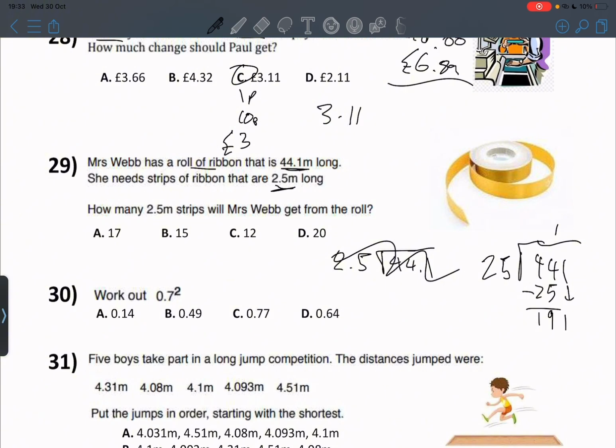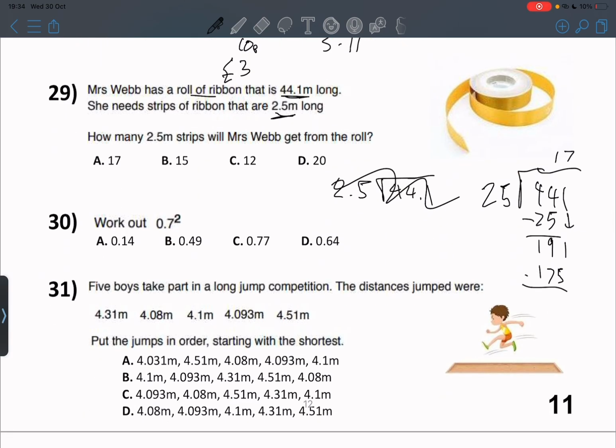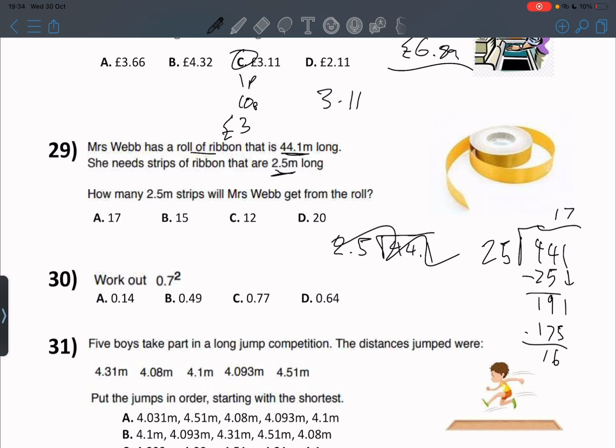It will be, I believe, 7. It goes 175. If we subtract that, we should get a remainder, which is around, I believe, 16. Now that remainder, there's nothing we can do about it. We won't be able to use it for ribbons. But what we've got here is 17 pieces of ribbon that are 2.5 meters long. And there's going to be a bit of a remainder that we can't use. So our option here, how many can she make, is going to be 17, which is A.